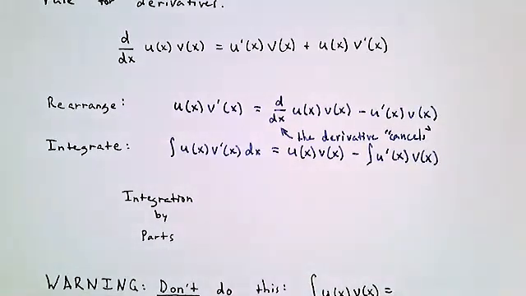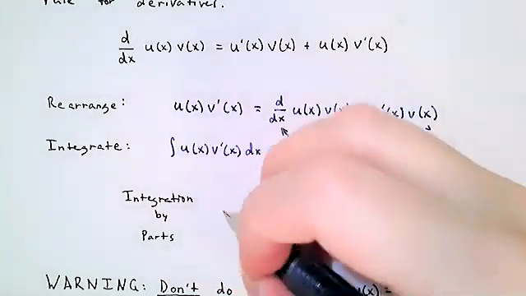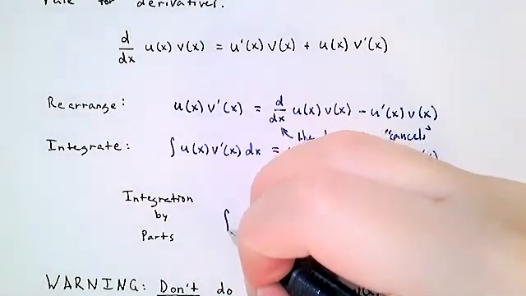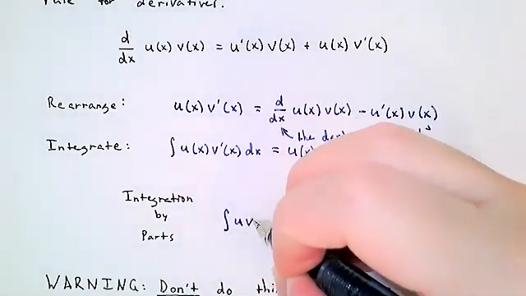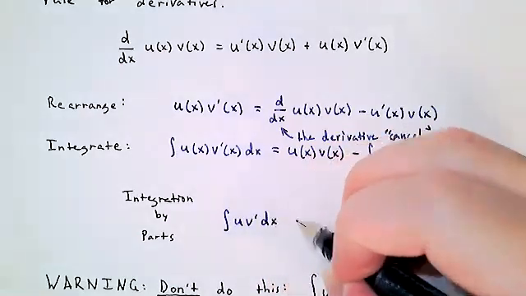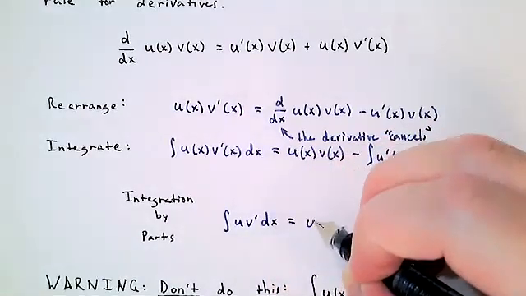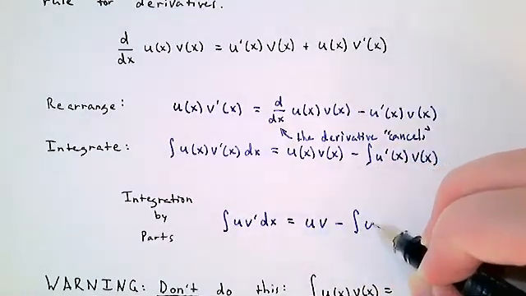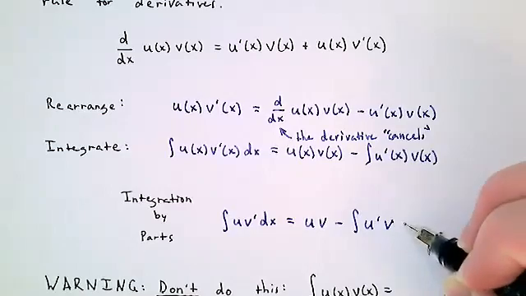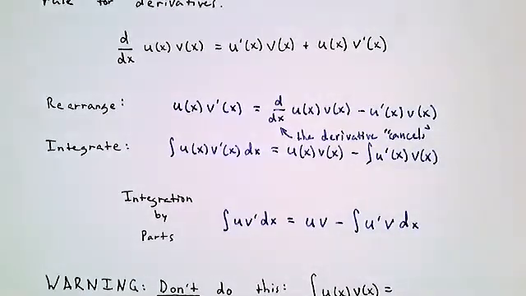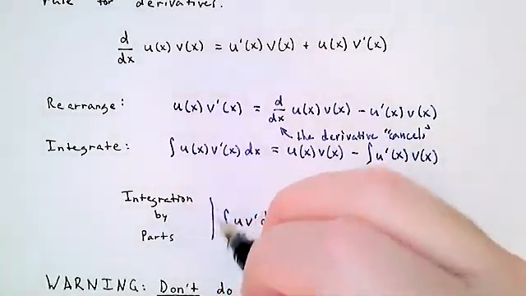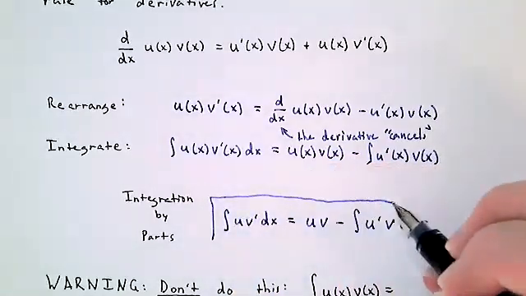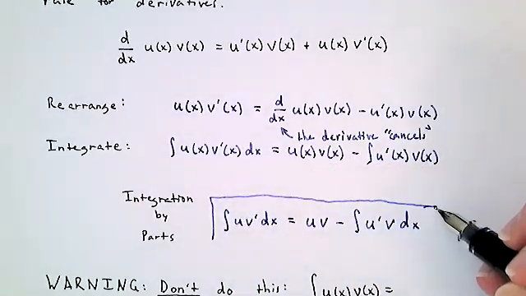Okay, and let me just write this again, maybe a little bit cleaner. The integral of u v prime dx is equal to uv minus the integral of u prime v dx. And this is the shorthand way that you'll usually see the rule written down.